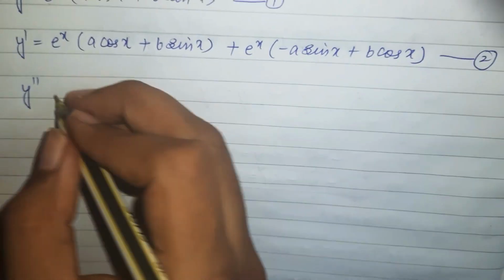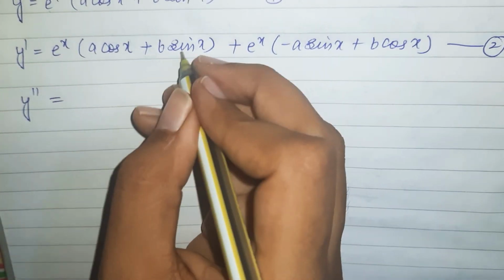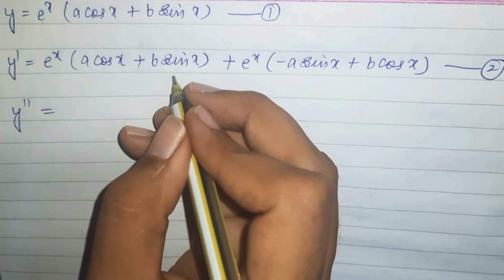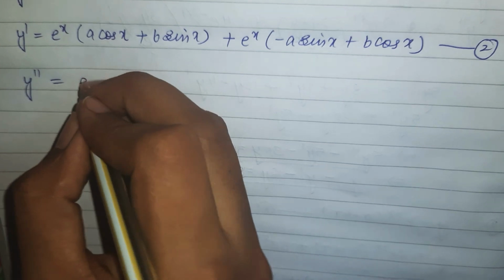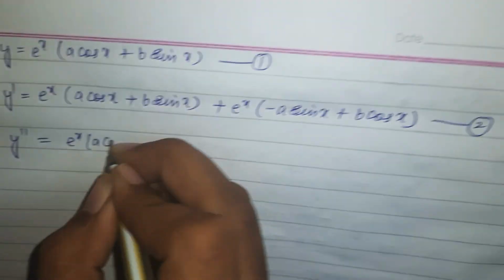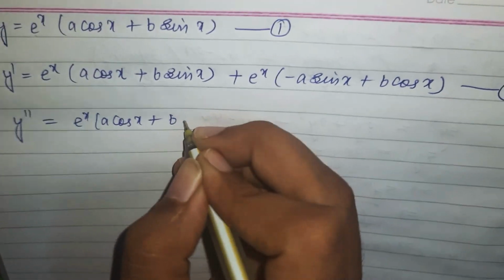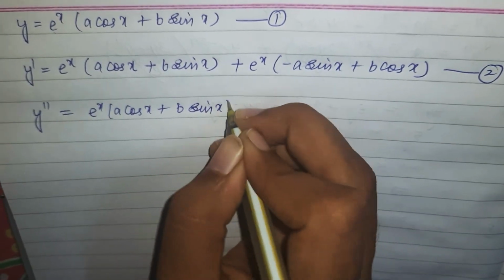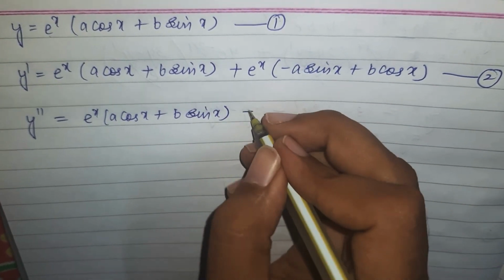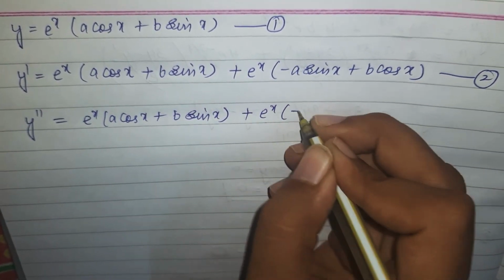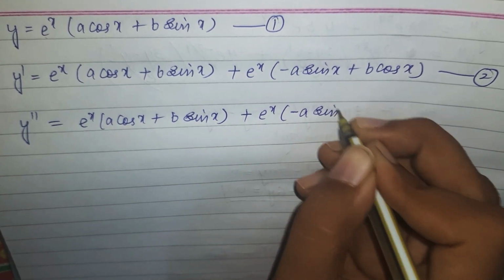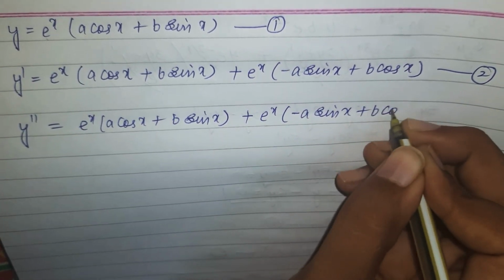While taking y double dash, do remember here we need to apply the same product rule. E^x times a cos x plus b sin x, then plus e^x times minus a sin x plus b cos x.